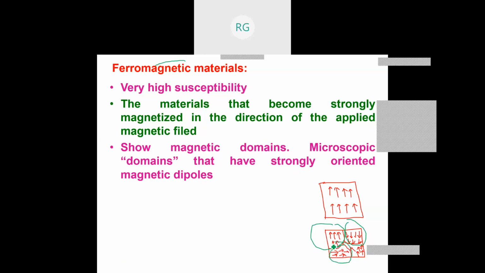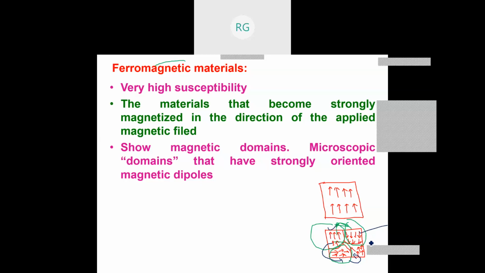A domain is nothing but a region in which magnetic dipoles are oriented in the same direction. But if I go from one region to another region, you can see that the direction of alignment is different. Therefore, the magnetization given by this domain will be cancelled by the magnetization of this one.